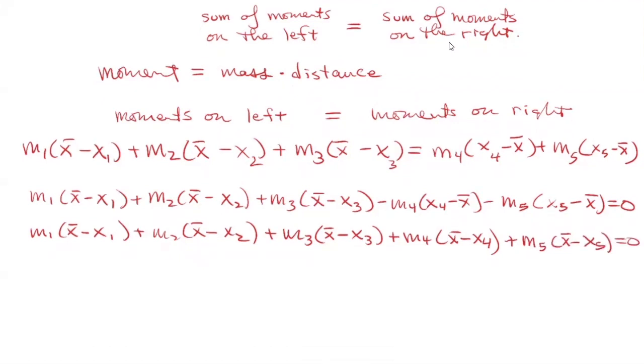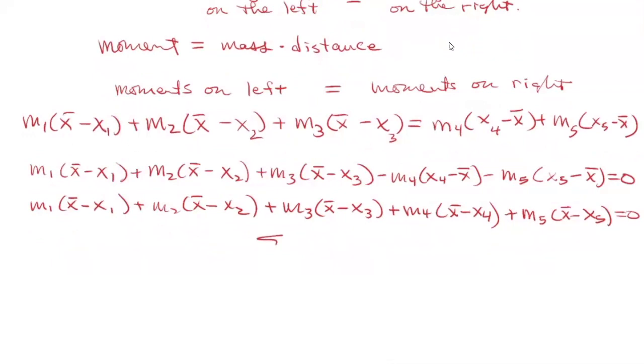And then we want to write the general form: the sum of mi times x bar minus xi is 0. The sum of the signed moments, where i goes from 1 to n, which is 5.